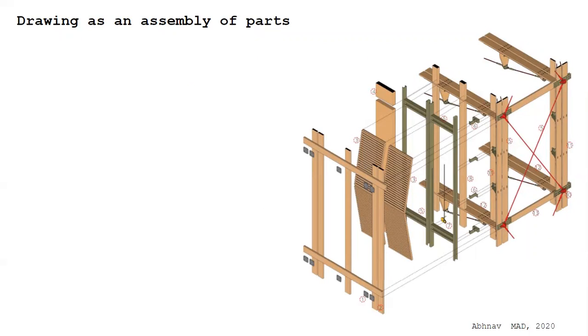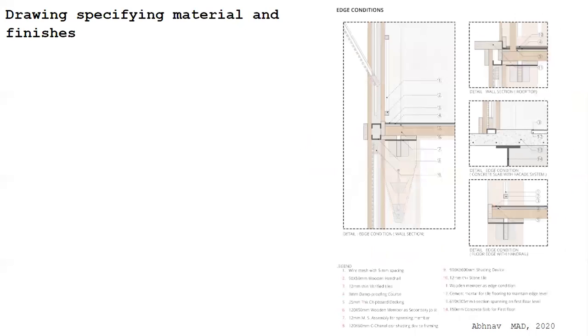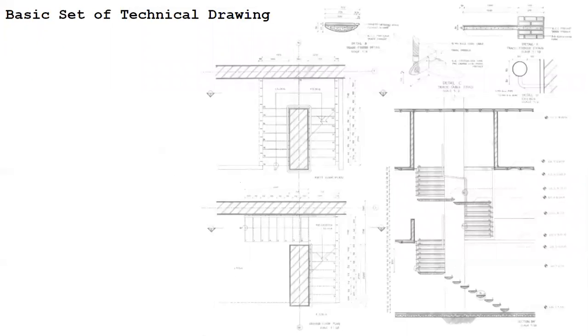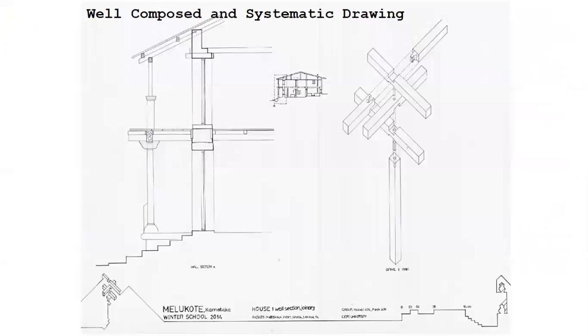Then drawing as an assembly of parts, drawing specifying material and finishes. Then we'll be able to produce basic technical drawings, center line and other dimensioning, etc., both plans and sections. Then we'll be detailing toilets and staircases. We should be able to make a well-composed and systematic drawing.